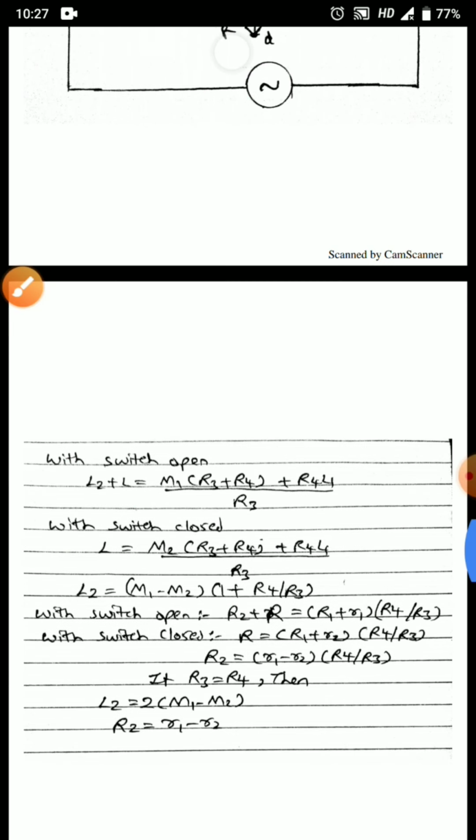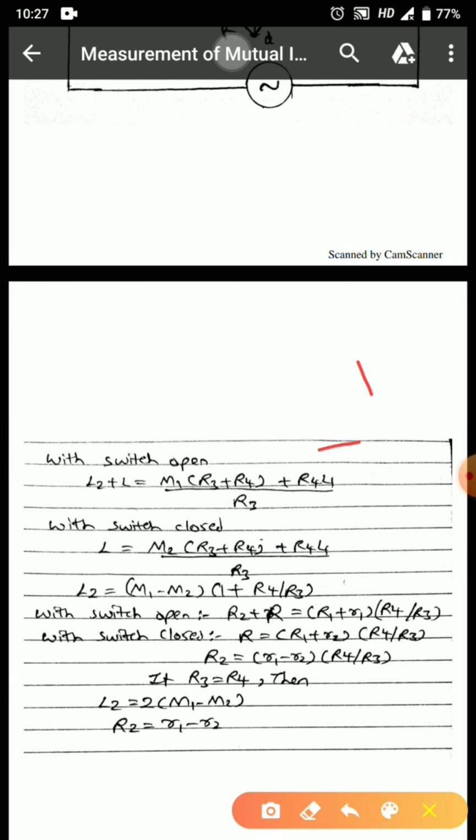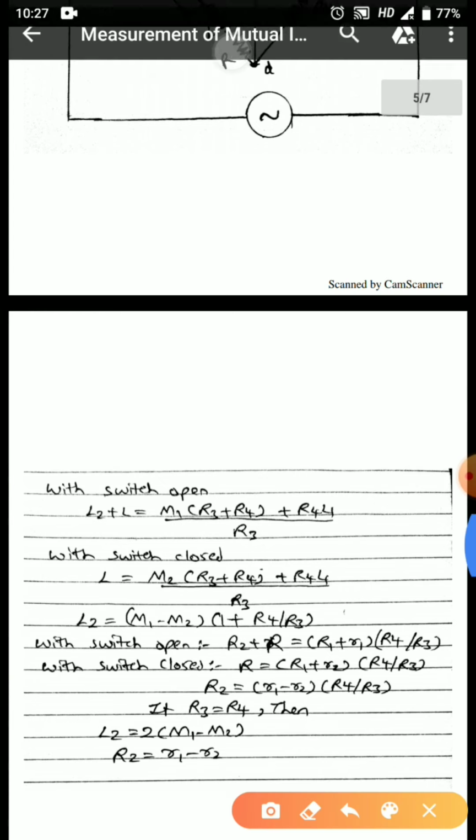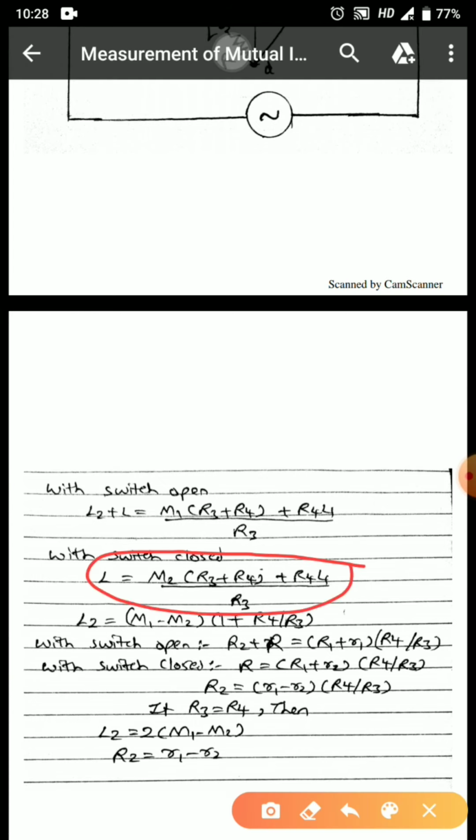The second expression I will get when the switch is closed. When the switch is closed, it means that this path will short, so L2 and R2 will be removed from this circuit. So for that I am getting the expression L is equal to, similarly. Now I have to find out the value of L2, so I will subtract both of these.